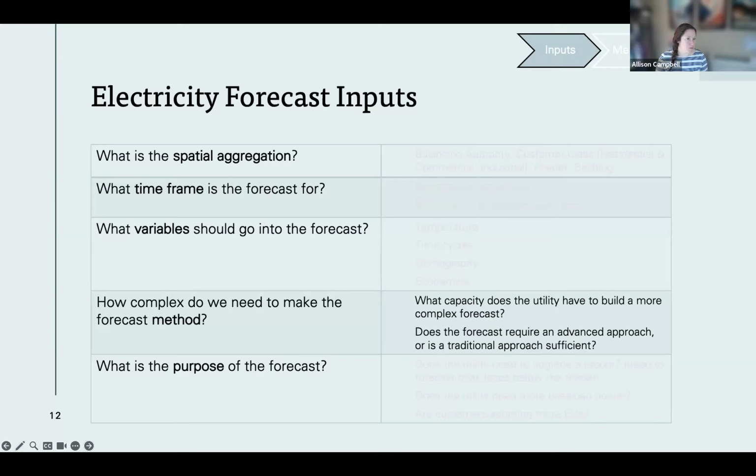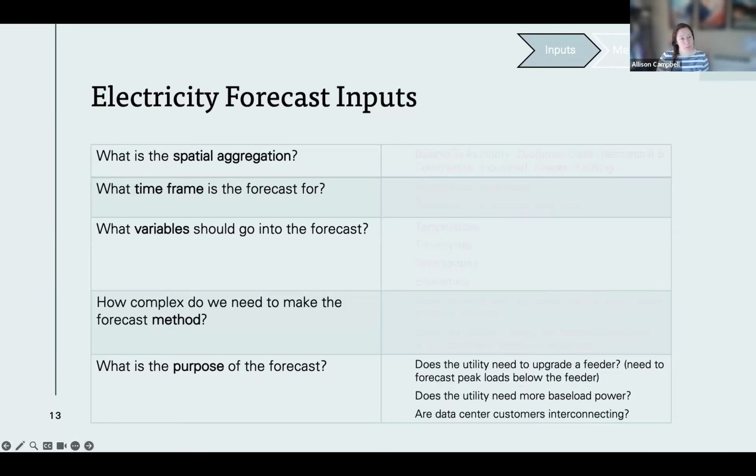So you can also consider for a specific utility, what capacity does that utility or that entity that's building the forecast have to build a more complex forecast? Does their forecast even need to be advanced, or is a simpler or traditional approach sufficient?